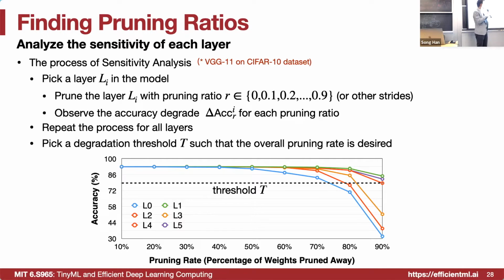We cut through this sensitivity map and see where the intersection is, and the intersection indicates the sparsity we want to get. For example, this blue layer, which is really sensitive, is cut here, at about 70 to 75% pruning ratio. Well, for this less sensitive layer, we can prune more, more than 80% in this case.